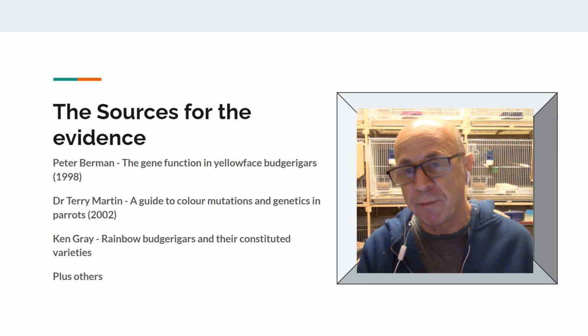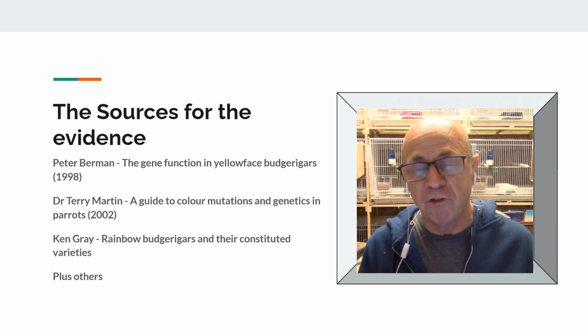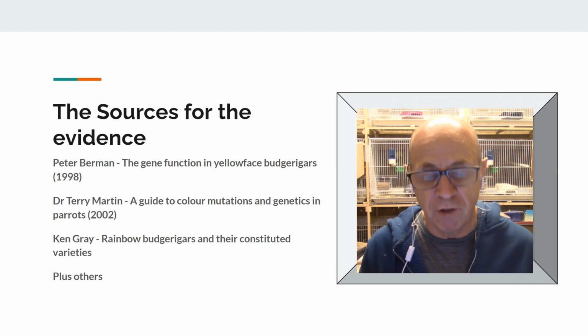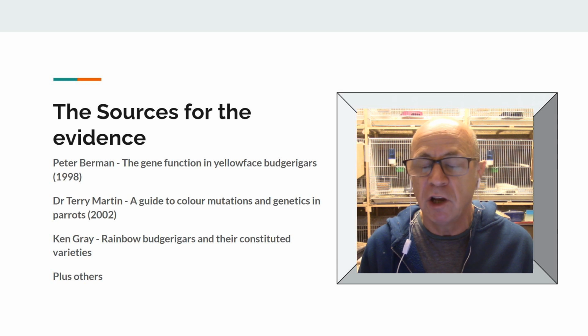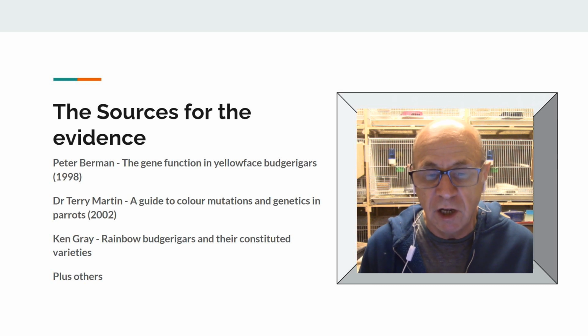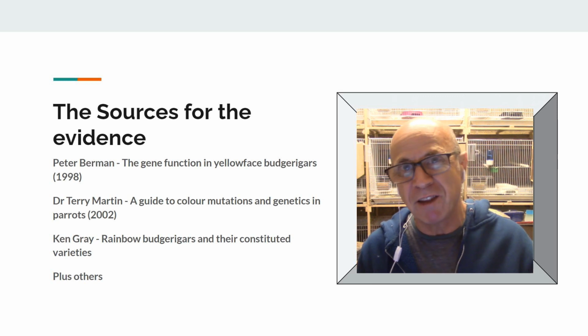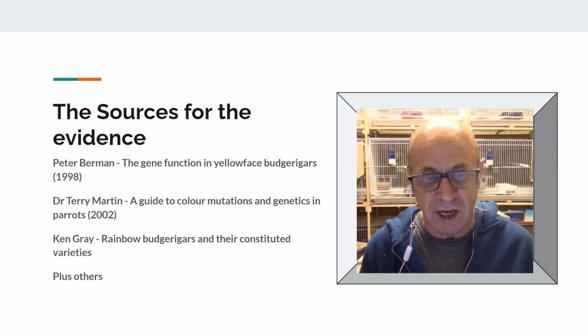It explains in great detail what his views are on that and why he's come up with those conclusions. So the first one is an element on his website that talks about the gene function in Yellowface budgerigars, and that dates back to 1998.